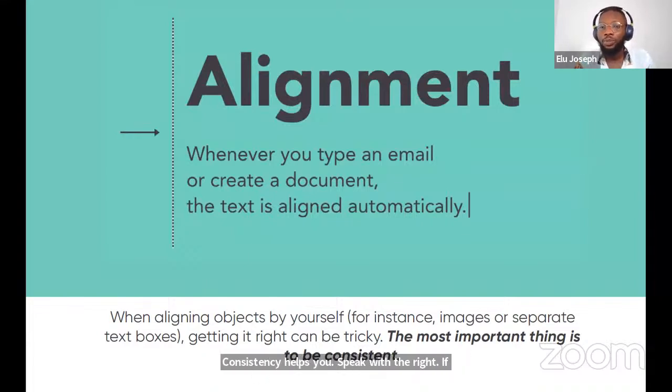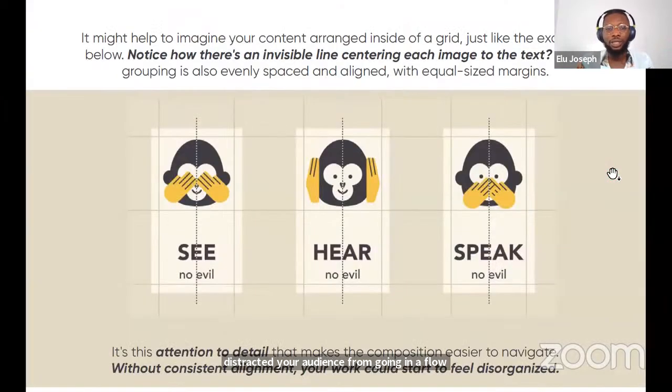If you decide to play around with alignment and you align the first one to the left, the next one to the right, and the other one to the middle, you have successfully distracted your audience from going in a flow. And I'm sure you know what that means. It means that they would not be engaged with that content.